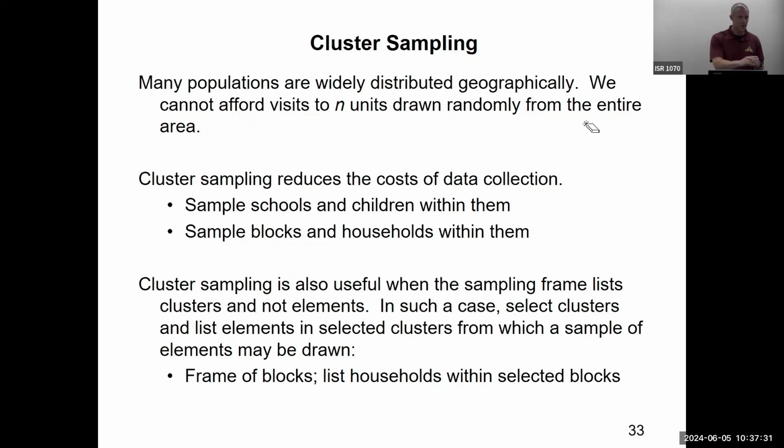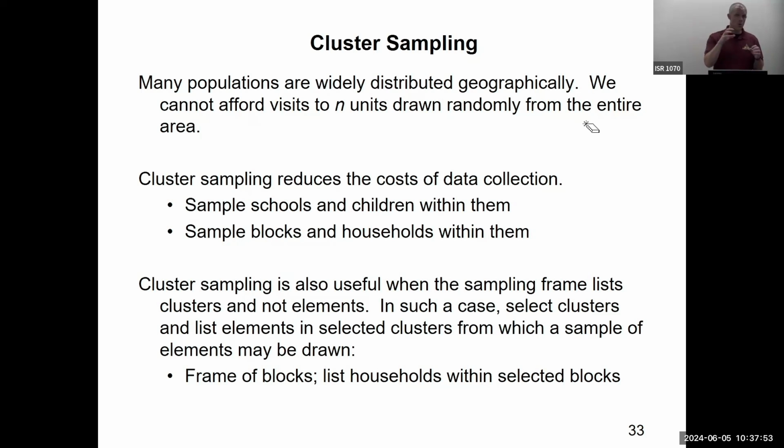These are naturally occurring groups of elements that we choose to sample for one reason or another. Okay? And we often do cluster sampling because we can't afford to visit little n randomly sampled units that come from some large, widely dispersed geographic area. It just costs too much money to draw a simple random sample.